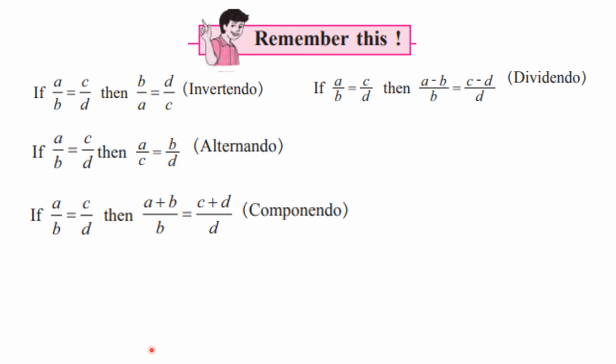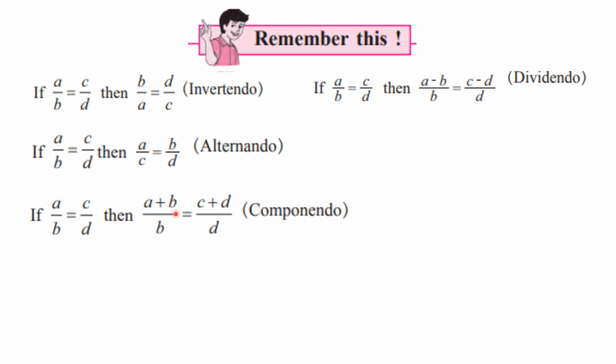Now let us again see the property componendo. In componendo, a/b is there, meaning the denominator goes to the numerator with a positive sign, that is addition, and the numerator and denominator are divided by the denominator. In dividendo, subtraction is there, (a − b)/b.